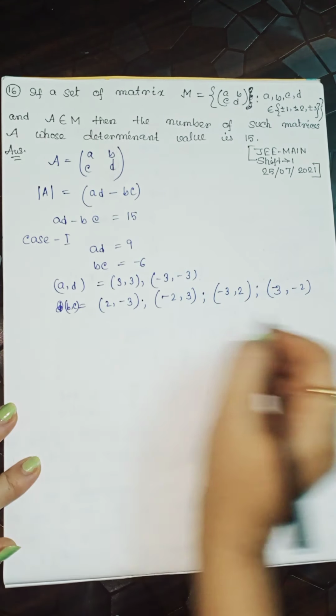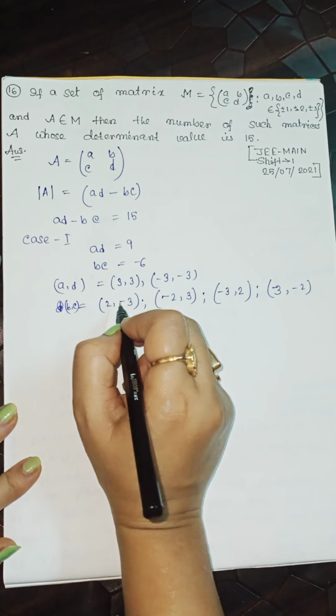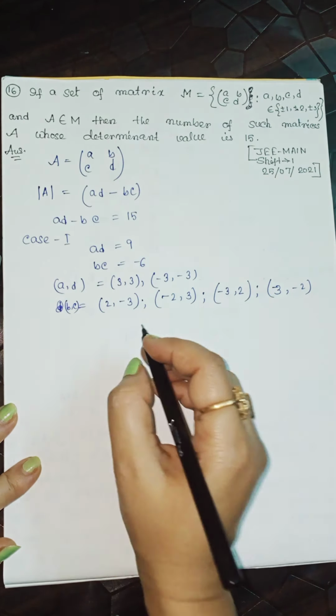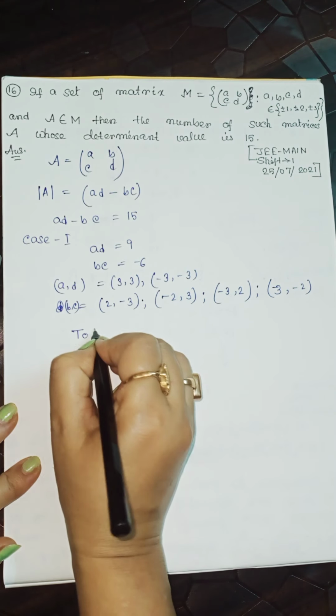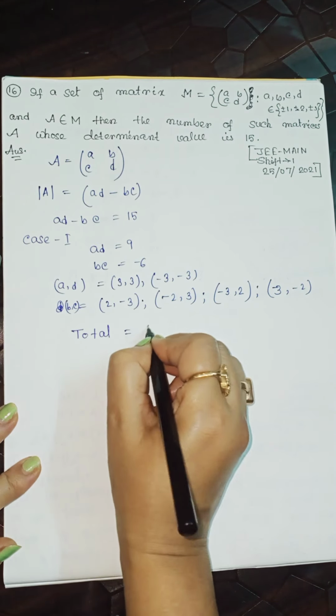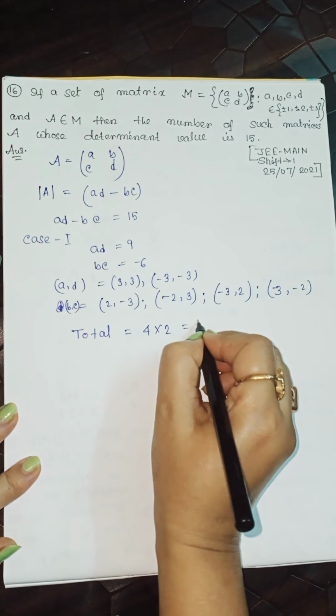So this is case 1. So how many cases happened? It is 4 into 2, so the total here is 4 into 2, that is equal to 8.